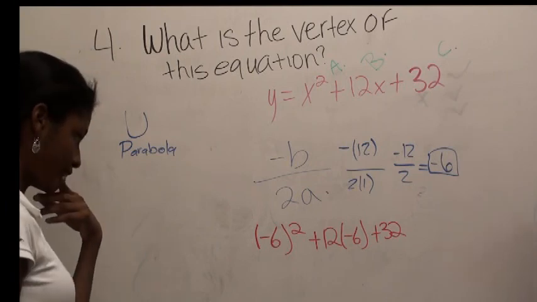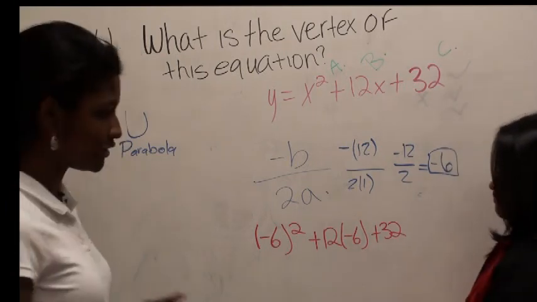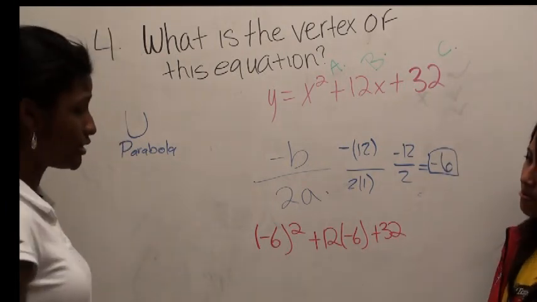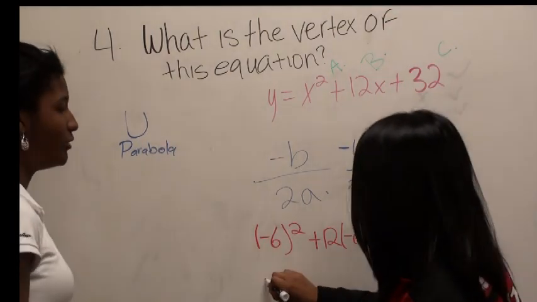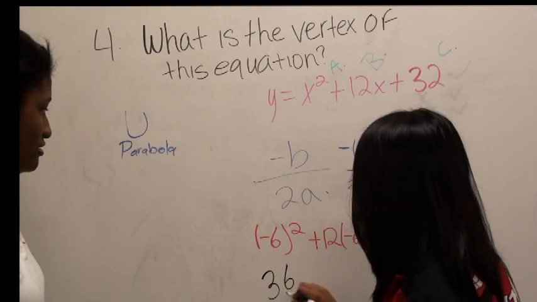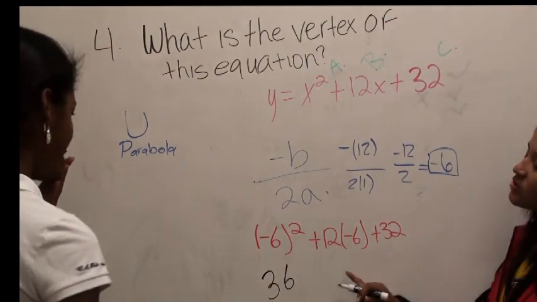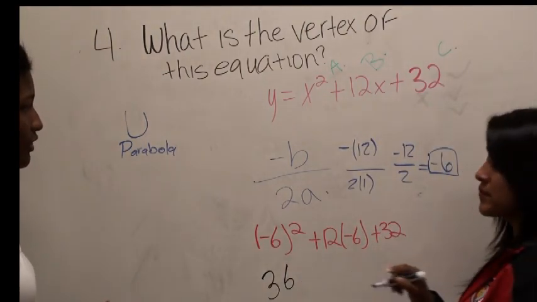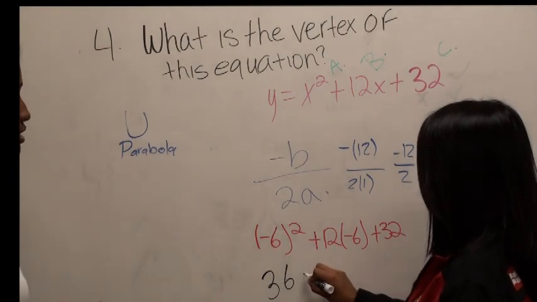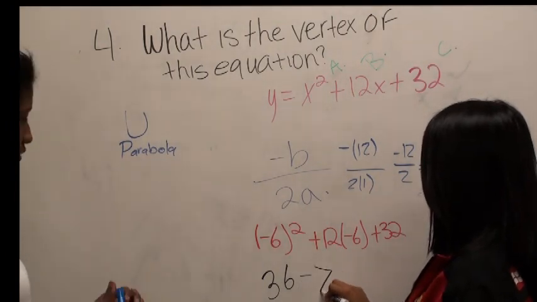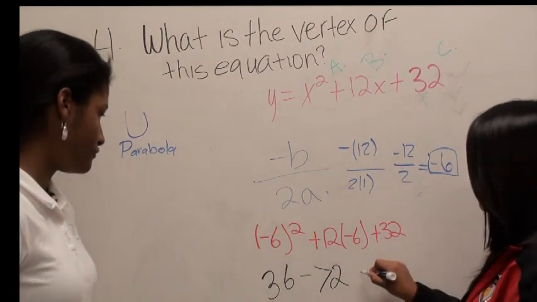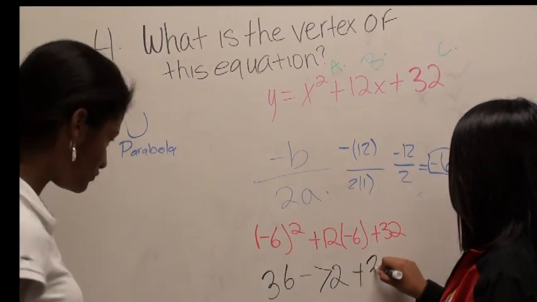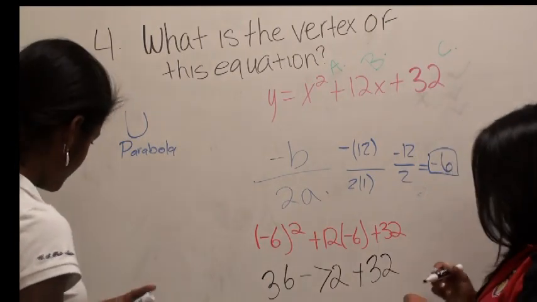So now we solve. Negative 6 squared equals what? 36. Okay. What's 12 times negative 6? That's negative 72. And finally we just add 32.